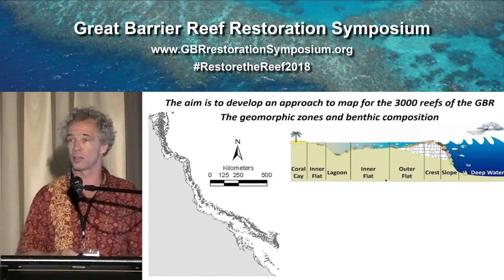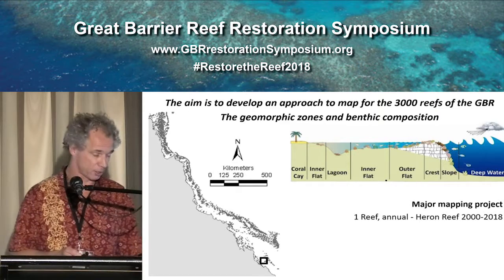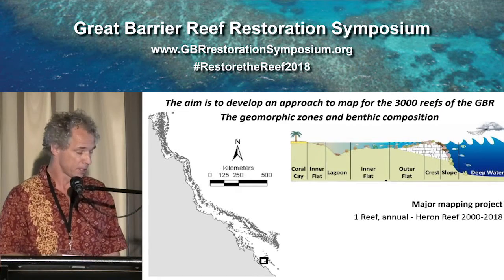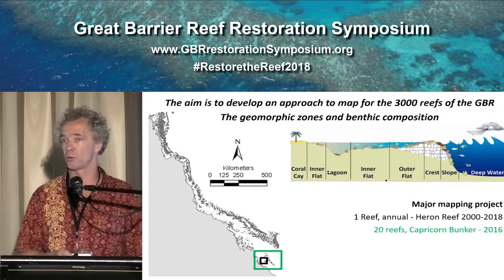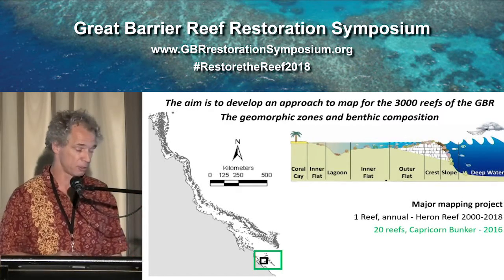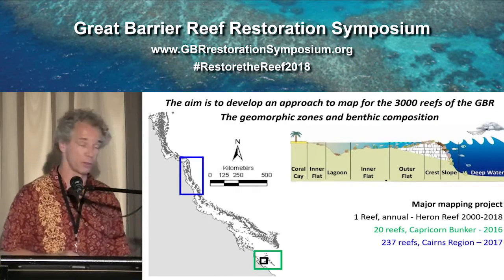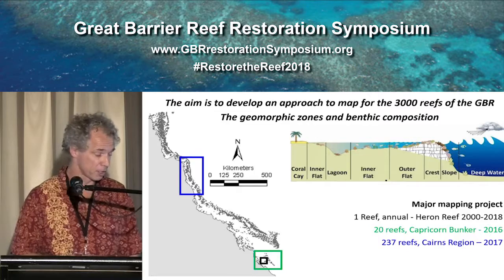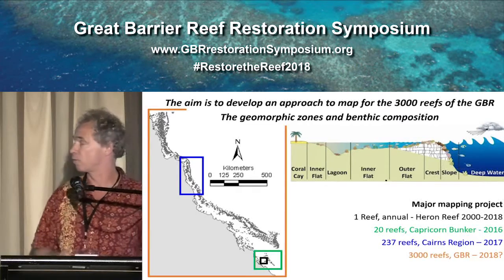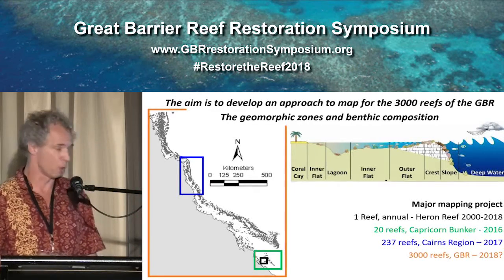We have, of course, done heaps of work on Heron over the last 20 years almost, but we were fortunate, in 2016, to focus on the whole Capricorn Bunker group, and in 2017 to focus on the 237 reefs of the Great Barrier Reef around Cairns. And we are hoping to finally roll this out to the whole Great Barrier Reef.